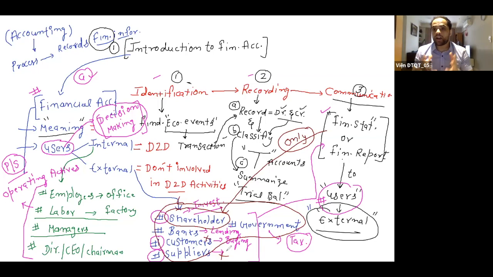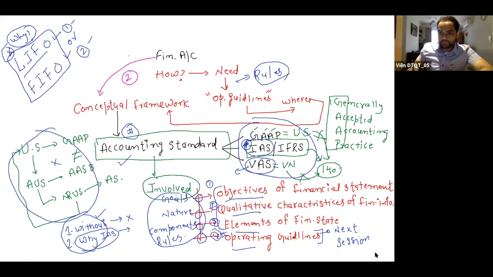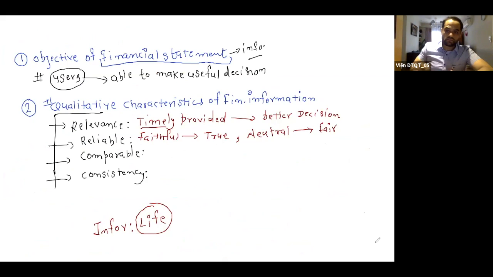That's the quality of financial information. That's the meaning of reliable, right? That's the meaning of fair. So reliability means true and fair. That's the meaning of reliability. That's the feature, the nature or characteristics, of the financial statement, right?